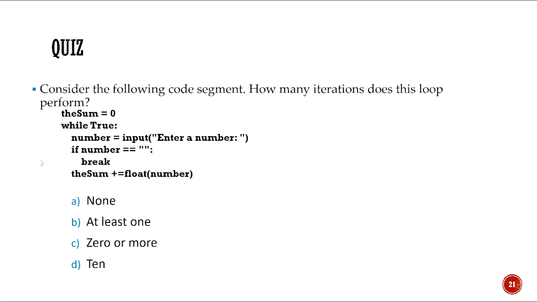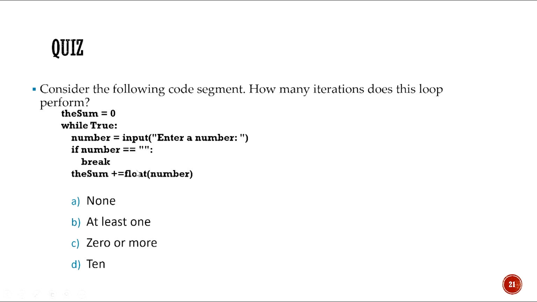Consider the following code segment. How many iterations does this loop perform? Okay, we have a variable, the sum, and then we have while true. So this condition means that it's always true, right? While true, then calculate number. Number asks the user to enter a number. If the number is not empty, the sum is equal to this number.